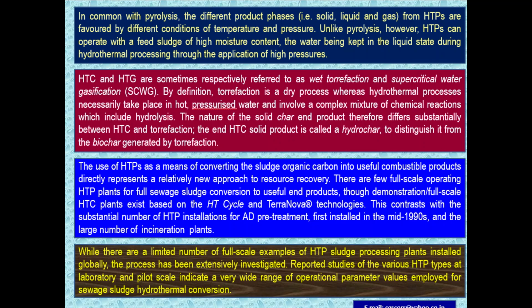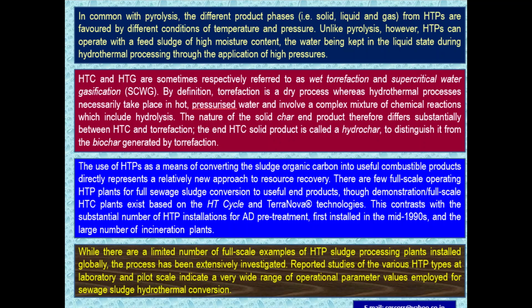The nature of the solid char end product therefore differs substantially between hydrothermal carbonization and torrefaction. The end hydrothermal carbonization product is called hydrochar to distinguish it from biochar generated by torrefaction.